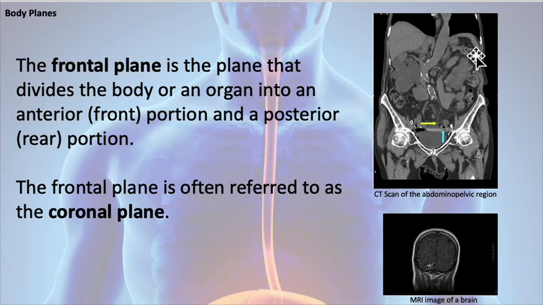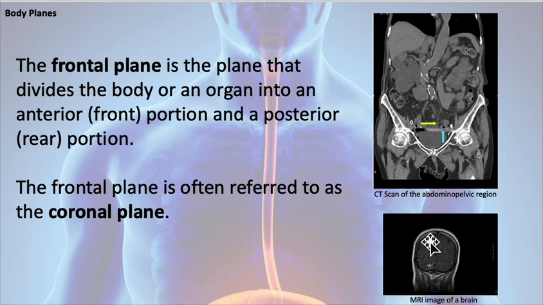So here, this provides us with a nice anterior view. This is the pelvic bone here, and this is a CT scan of the abdominal pelvic region. We can see the liver here. We can see the esophagus, and then coming down, we can see all the structures of the abdominal region using a view of the frontal plane.